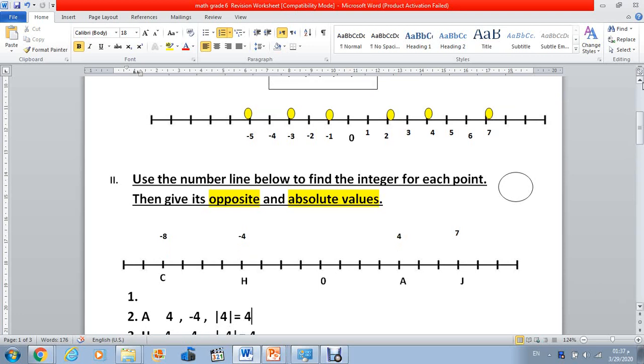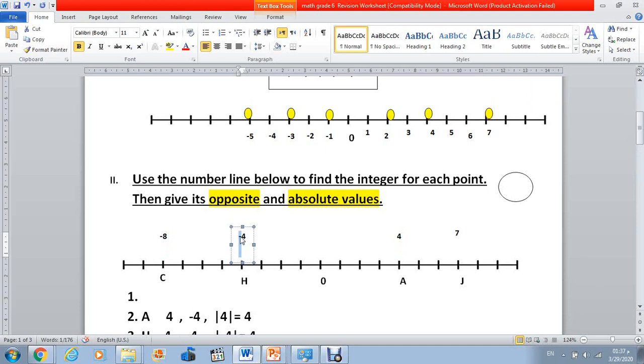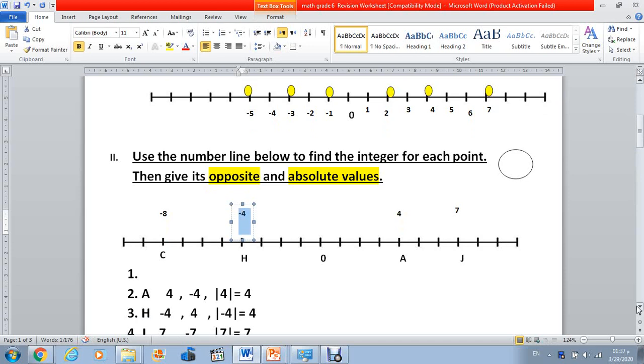Now let's go for H. H is already -4. I want the opposite of -4. We're going to put the opposite sign, which is positive, so it will be 4, and the absolute value of -4 is 4.